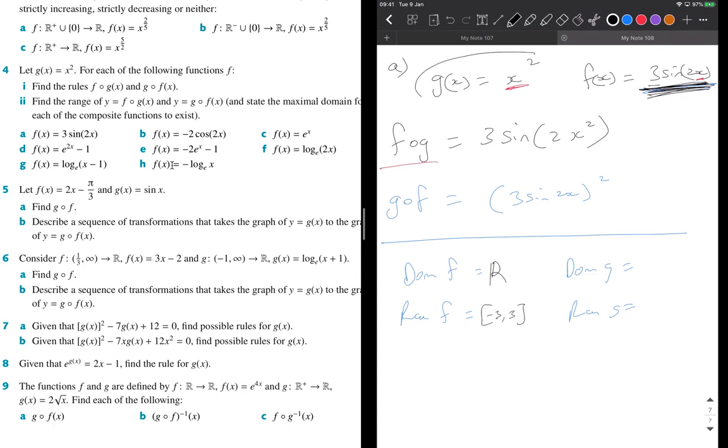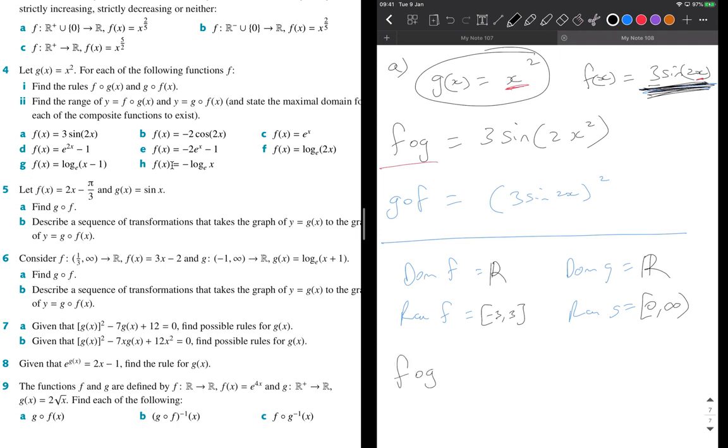Now looking at g, we know the domain of x squared is all real numbers, but the range is 0 to infinity. So obviously knowing this stuff relies a lot on your knowledge of all of your functions that you know already. So that's the domain and range of each one. Now we have to think about the range of the composite functions. So before we do that, let's think about whether they exist.